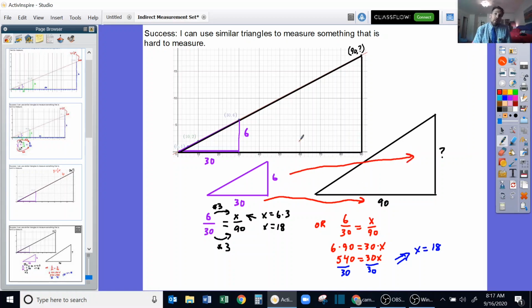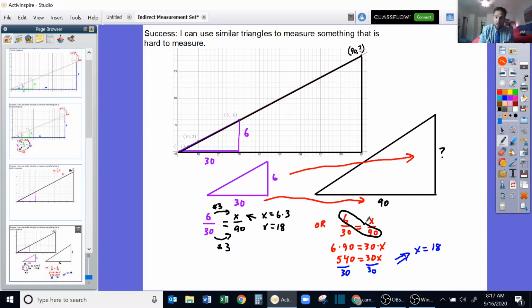Now, I also want to make sure that we connect with the other mathematical way that we did these proportions. If I have 6 over 30 equals x over 90, like I did when I set up my proportion here, I can also do the butterfly technique, multiplying along the diagonals.